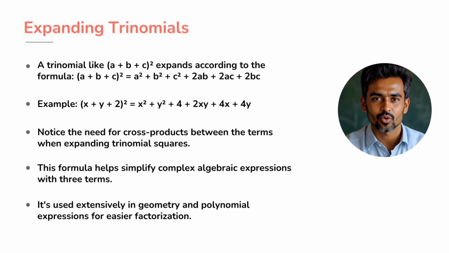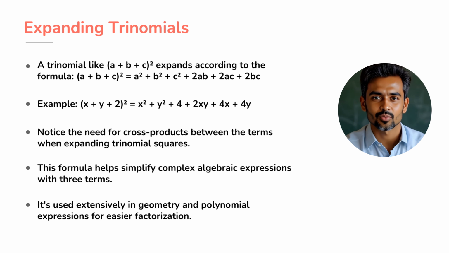Now let's tackle a more complex expansion. What happens when we have three terms? We need to expand a plus b plus c squared. The formula is a little longer but still very manageable. A plus b plus c squared equals a squared plus b squared plus c squared plus 2 times a times b plus 2 times a times c plus 2 times b times c.